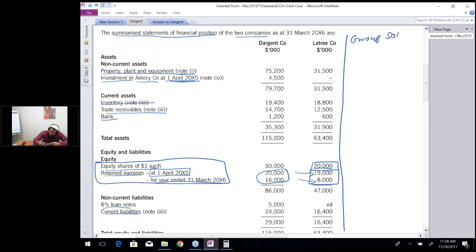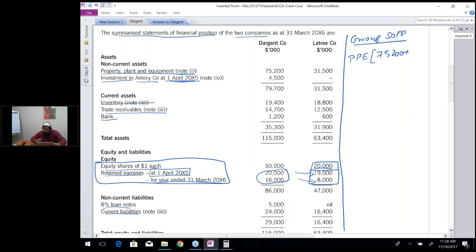Now I'm preparing the group statement of financial position. We are going to start from property, plant, equipment, which is 75,200 for the parent, and plus 31,500 for the subsidiary. And then we have investment in associate, which is at 4,500.